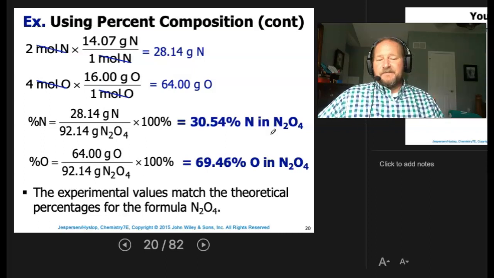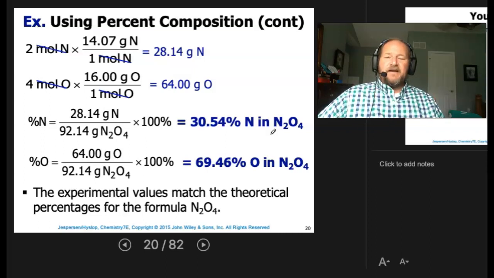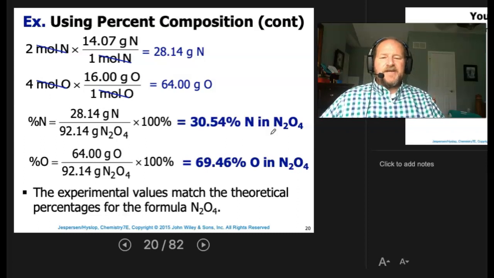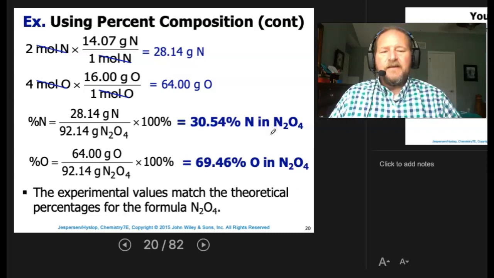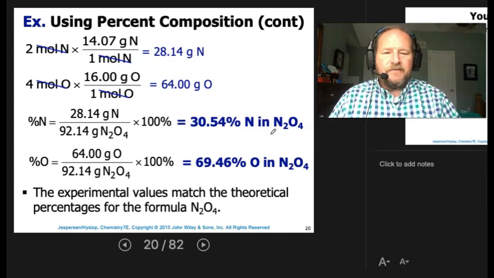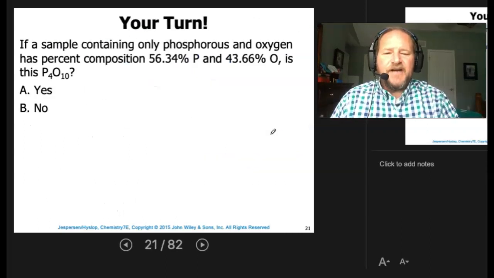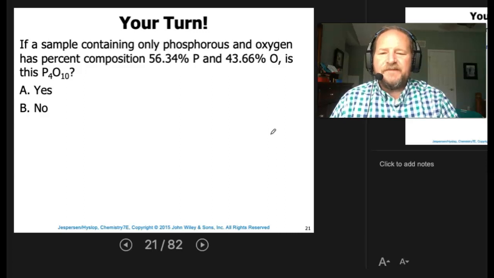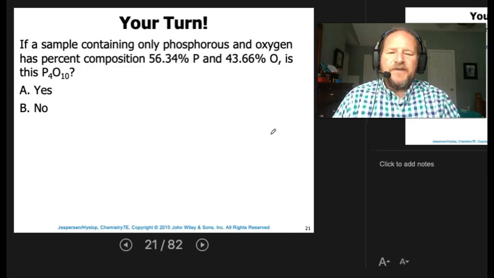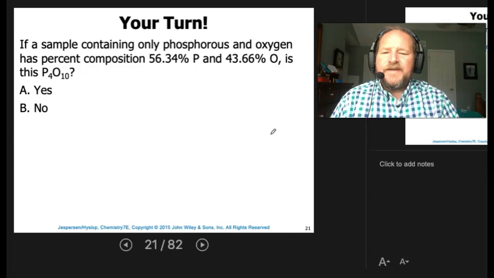Now, if we thought we had a different formula, then we would find out, uh-oh, something's wrong. We don't have the percentages from the experiment that we thought we had in the theoretical. Now, if a sample containing only phosphorus and oxygen has a percent composition of 56.34 and 43.6, is this potentially P4O10?